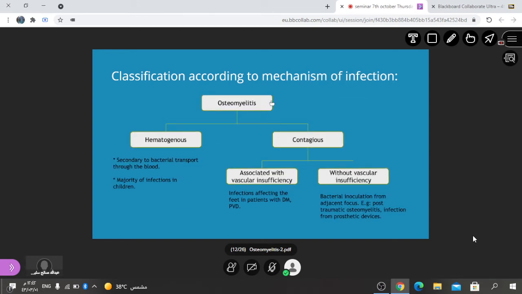For the other part of the classification, the mechanism of infection, this is the pathophysiology which my colleague Salman explained. I will not repeat, but I will add that acute hematogenous is the most common osteomyelitis, and it affects mostly children because of the rich blood supply to the metaphysis of long bones.